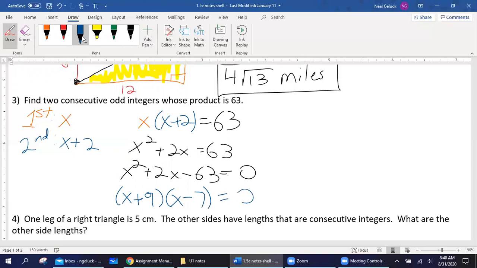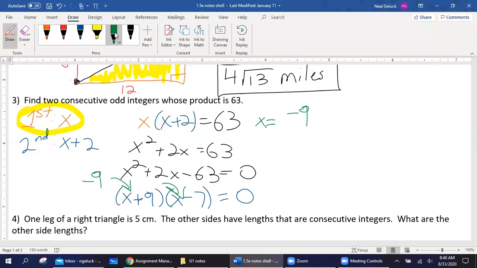Now here's where you got to be very careful on this problem. These are both possible x's, which means they're both possible first numbers. So from the first factor, the x that would make it 0 would be -9. So -9 is a possibility for x.